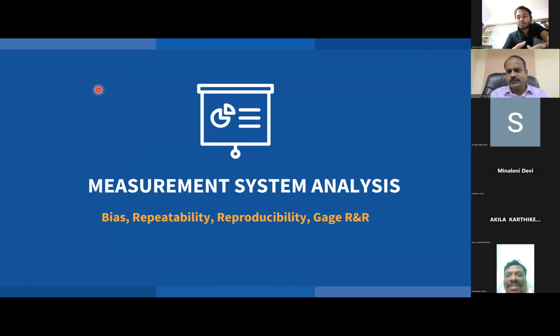After doing the exercise for consistency, after ensuring that the consistency is satisfactory, you can conduct the study for bias. I repeat the statement. After ensuring the consistency in the measurement, you can proceed to understand the bias.